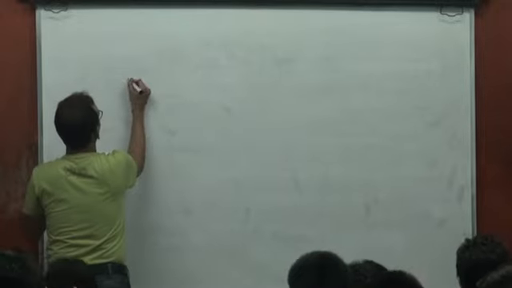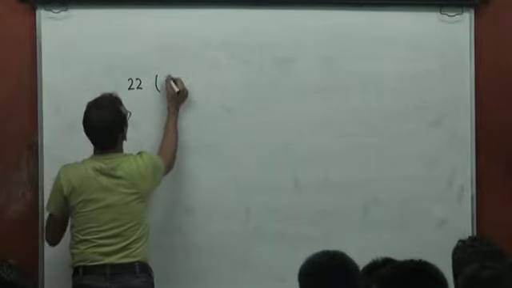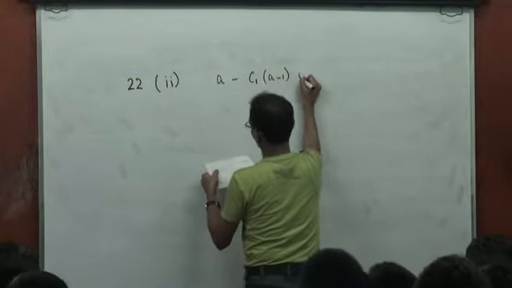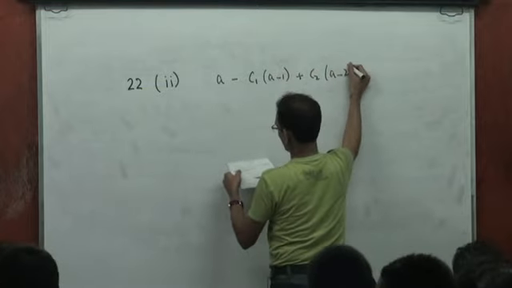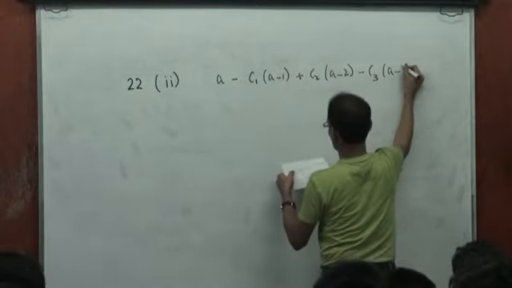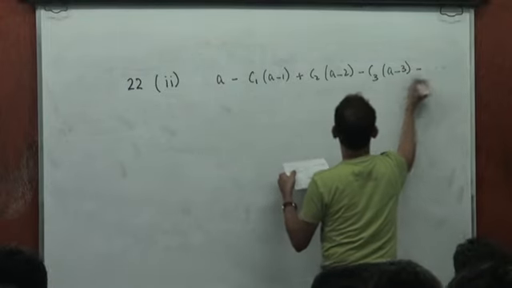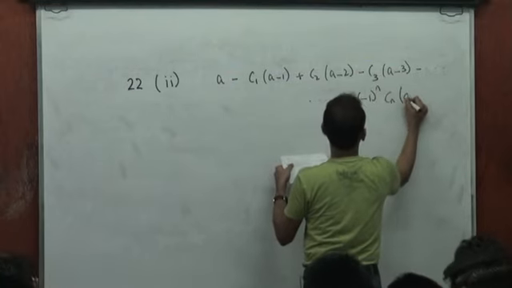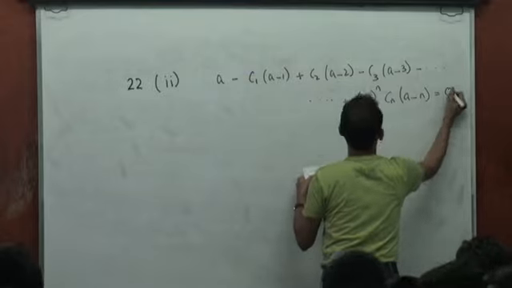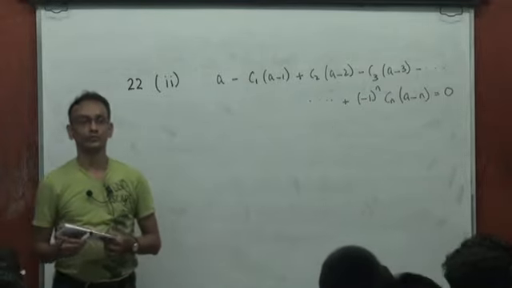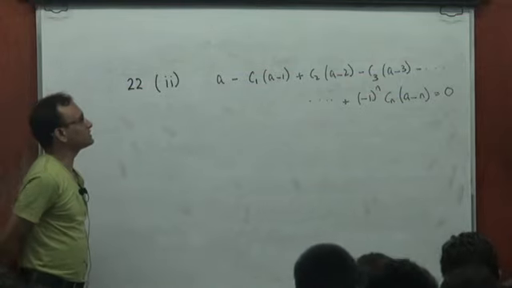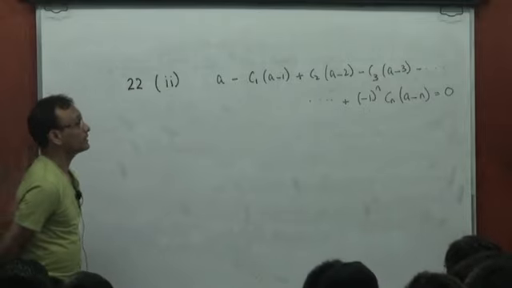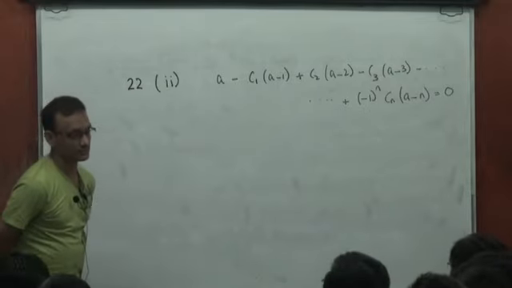20, part 2. A minus C1 into A minus 1, C2 into A minus 2, minus C3 into A minus 3, minus 1 to power n, Cn into A minus n.